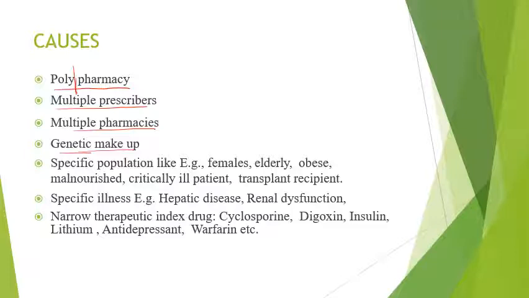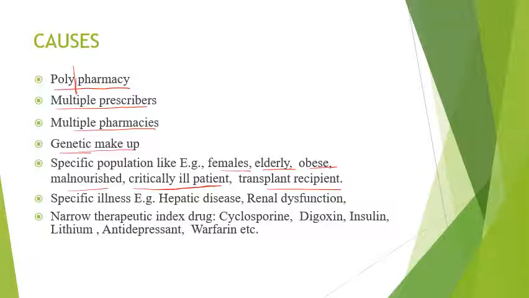Moving on to specific populations like females, elderly, obese, malnourished, critically ill patients and transplant recipients. There are chances that because of their specific situation, the specific drugs they might be taking, and the specific type of food they might be eating, they can land in situations of drug interaction. For instance, let's just take one example. If a patient is critically ill, he would be taking a number of drugs, as it is evident.